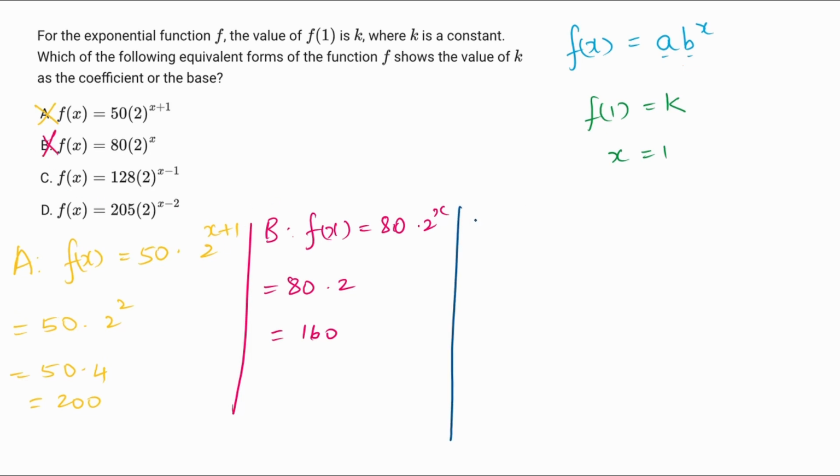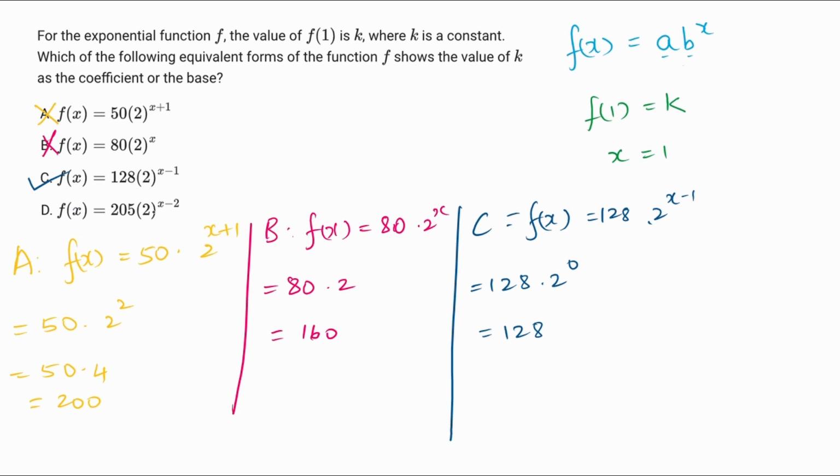Next, we'll consider option C, which is given by f of x is equal to 128 times 2 to the power x minus 1. So substituting x to be 1, we have 128 times 2 to the power 0. 2 to the power 0 is 1, so we have 128. So 128 is present in the coefficient term. Therefore, my answer is option C.